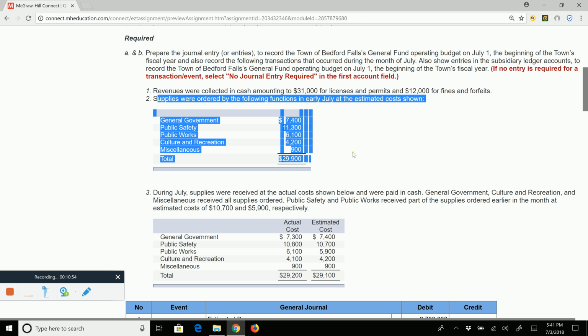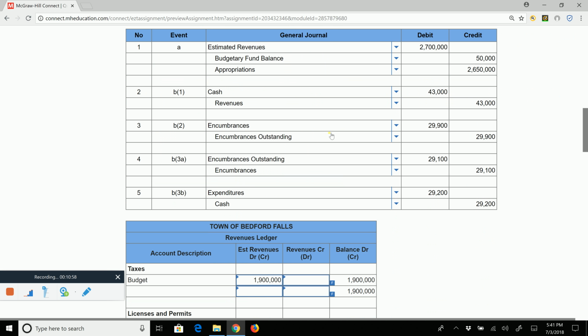So when this order is put in place, we have to record an encumbrance. Once again, in a for-profit environment, no journal entry would be recorded here. We would simply throw the purchase order in the inbox, waiting for receipt of the supplies. But we don't do that in the nonprofit world and in the government world.